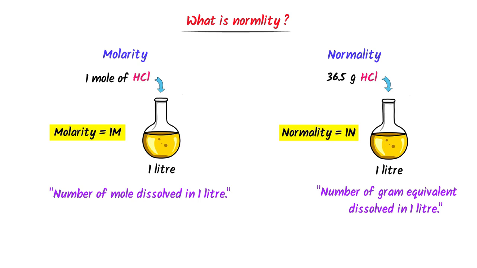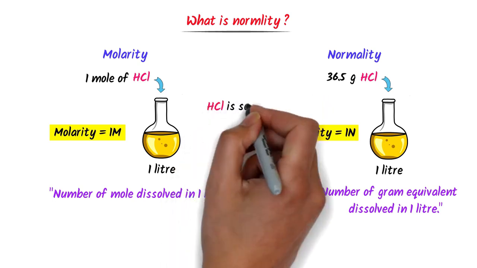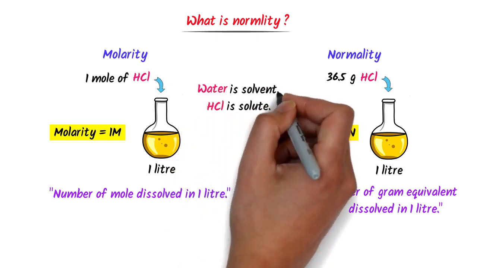Here, let me ask you one of the most difficult questions which a lot of students are not understanding. If I ask you, what does 1 normality of HCl mean? Can you answer the question? Well, we know that HCl is solute and water is solvent.